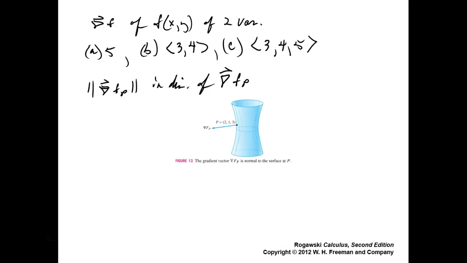Number 4. You're standing at a point where the temperature gradient vector is pointing in the northeast direction. In which directions should you walk to avoid a change of temperature? So, your gradient of the temperature vector is in the northeast direction. Let's say that's north, that's east, so there's northeast.